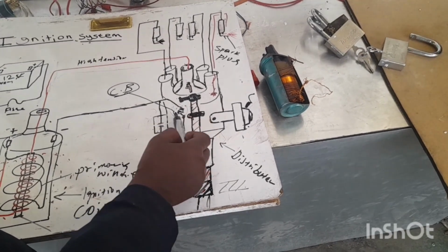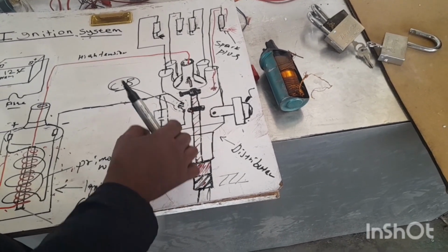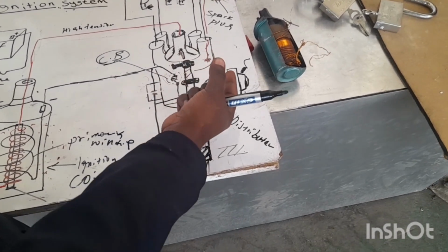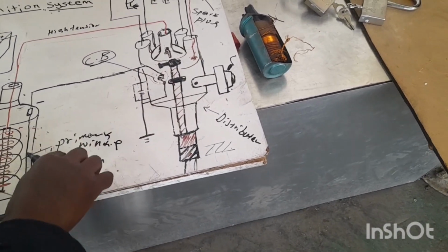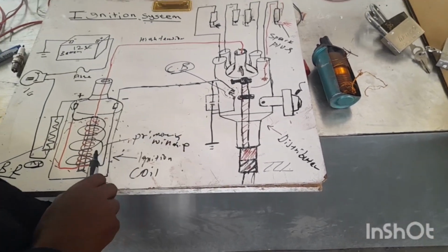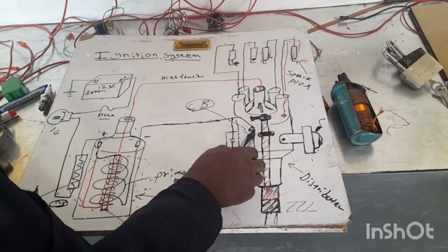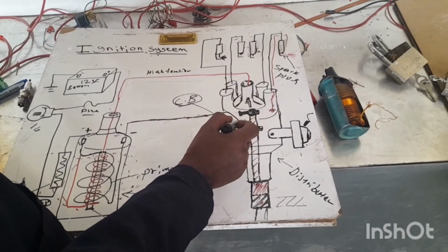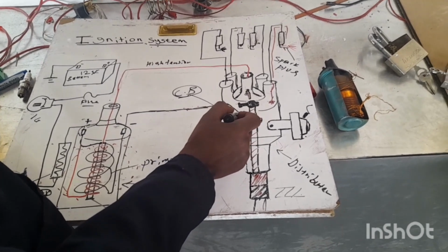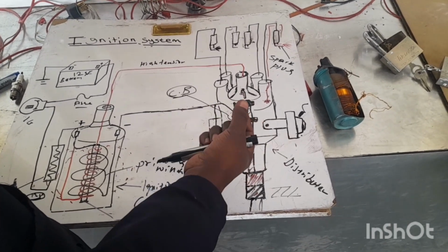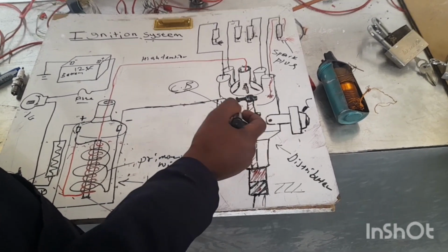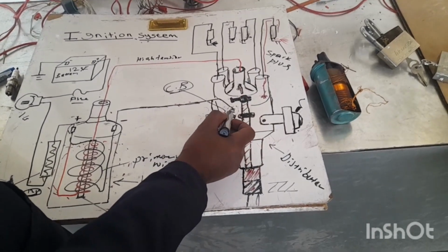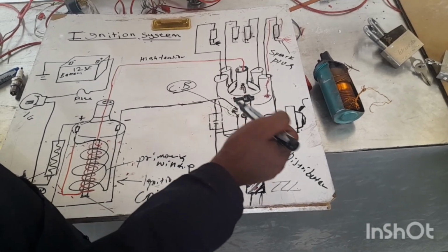The contact breaker point is responsible for opening and closing the negative terminal of the ignition coil. When it opens and closes, it produces a spark between these two points. Because of those sparks, the tips are worn out.